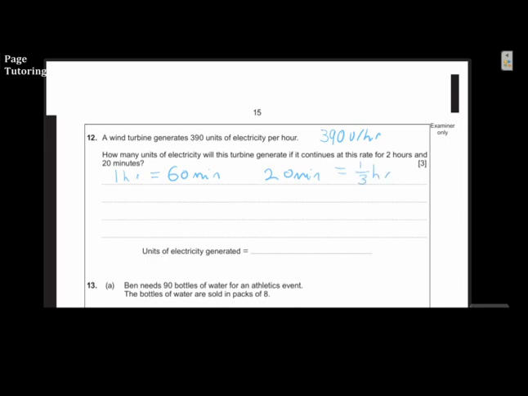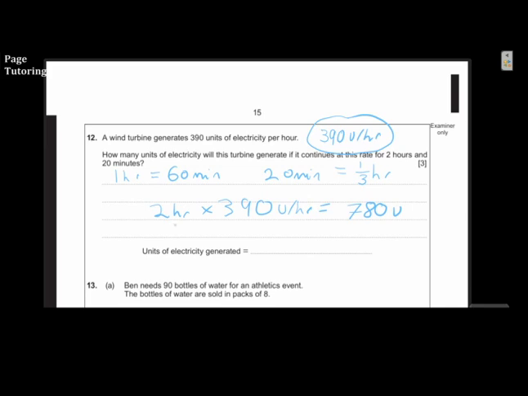Now first we're going to do the easy bit. We're going to do the 2 hours. So in 2 hours, if we times that by our rate, which is up here, so 390 units per hour, we will make 780 units.